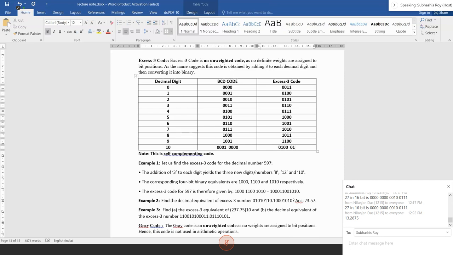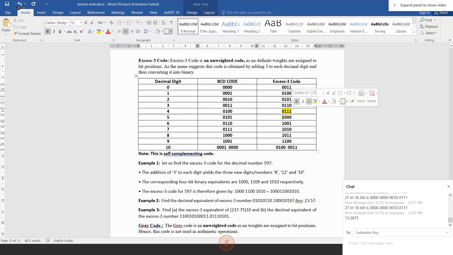So this is actually a self-complementing code. Why is it a self-complementing code? You can understand that this combination here is 4, and you see the combination here is 5. These are the complement of each other, right?